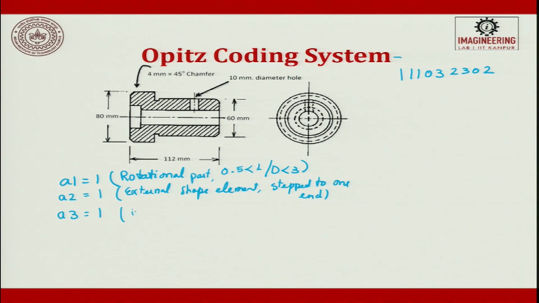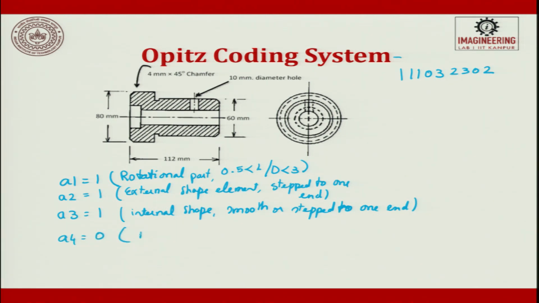Why is that? Because it has an internal shape, where there is a hole to be drilled, which is smooth or stepped to one end. A4 is 0 because there is no surface machining, that means milling.